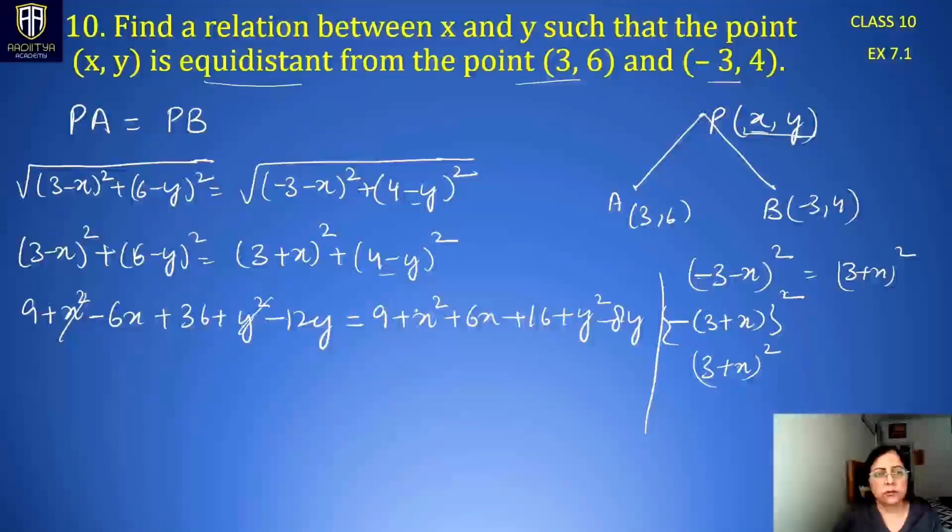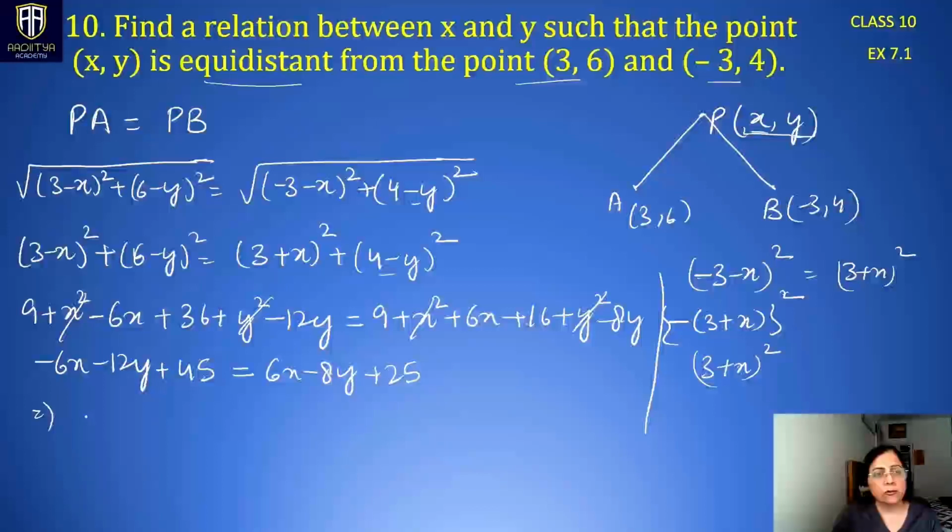X square, y square, x square, y square got reduced. So we have negative 6x, negative 12y, 9 plus 36 is 45. Simplified LHS. This is 6x, negative 8y, 16 plus 9 is 25.